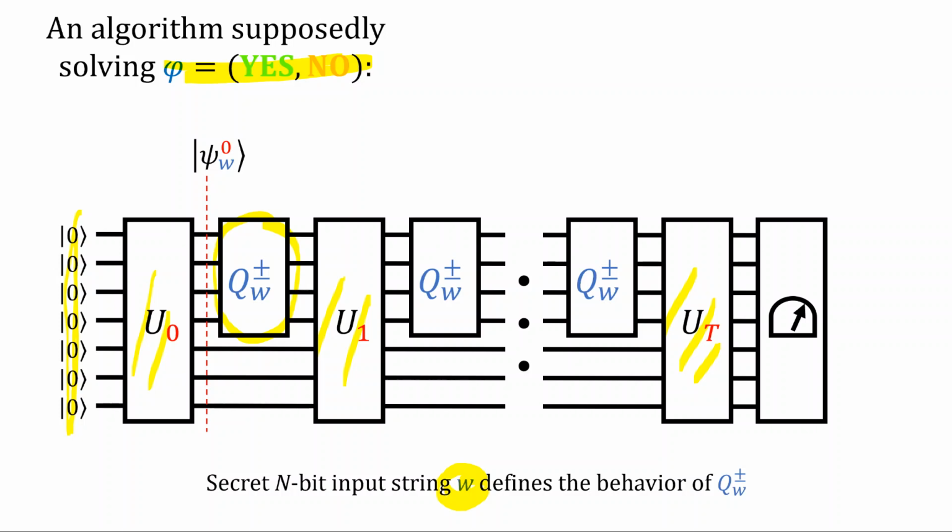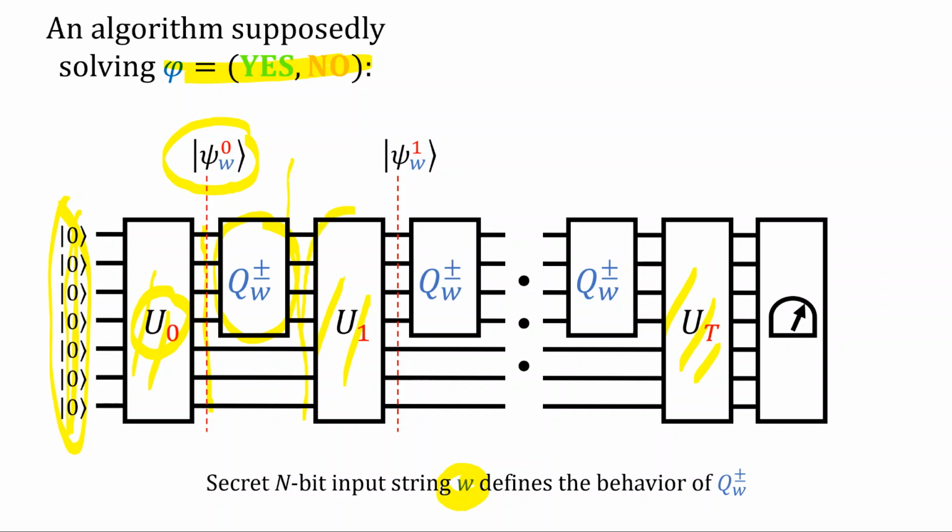Okay, so in particular, let's define this quantum state, psi sub w superscript 0, to be the state of the qubits after the first unitary transformation. In other words, it's just this U0 applied to the all zeros state. Okay, now the next thing that happens is that a query is performed, and that actually differentiates the state depending on what w is.